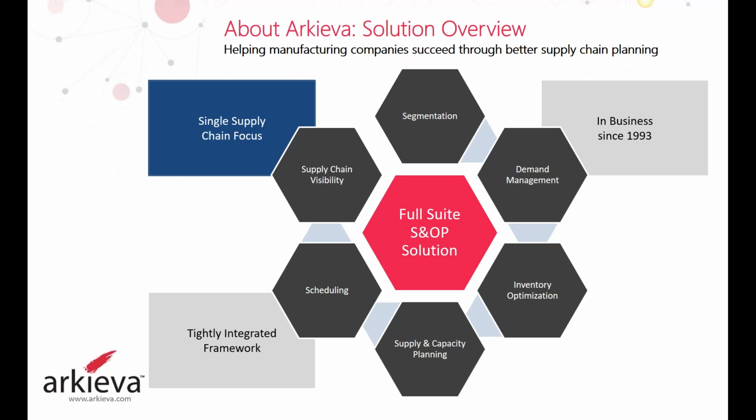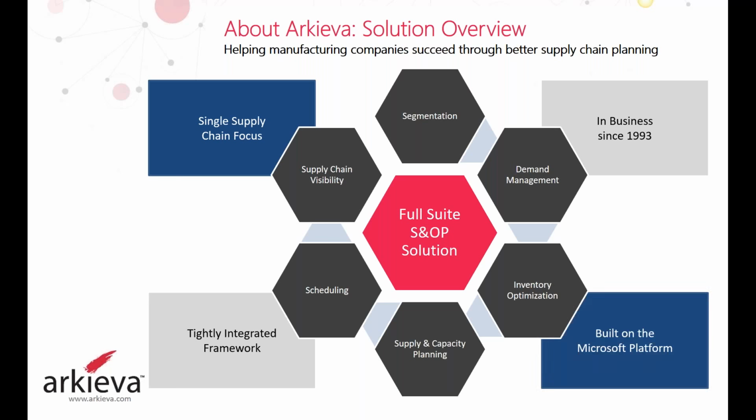We focus on ways to help you improve your planning processes so that you can be more profitable, optimize your processes, and have a better supply chain in place. To do that, we have a full solution suite, which starts off with segmentation all the way to helping you get the right supply chain visibility with the right dashboards and reporting. Today, we're going to focus on supply chain planning and capacity planning. Our RCCP and supply chain optimization falls under that category.